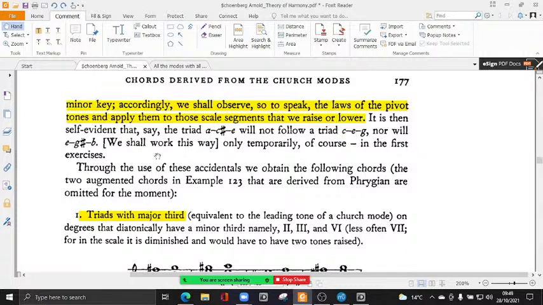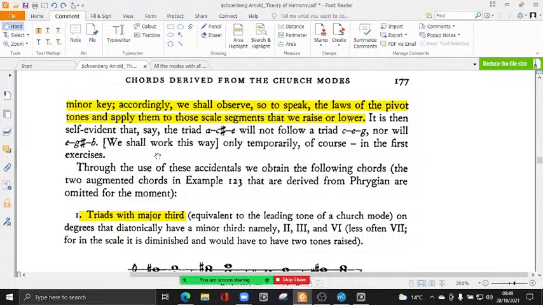So the pivot tones that we saw in the minor mode will apply, because the voice leading still applies. It's not that we can do whatever we want in the melody. I mean, we need an order, and now more than ever, because this kind of freedom also can create a lot of chaos. So he grabs from there.